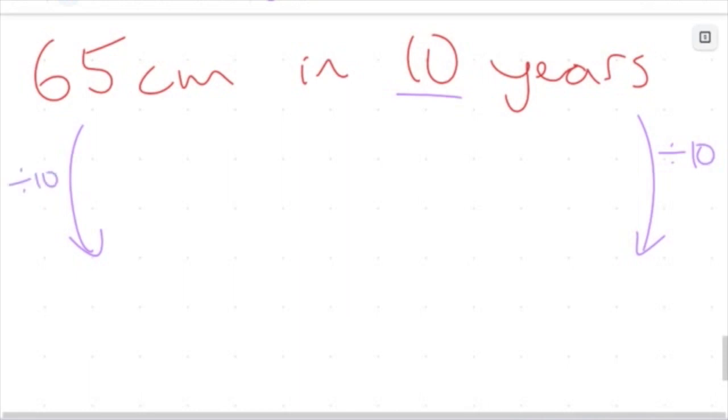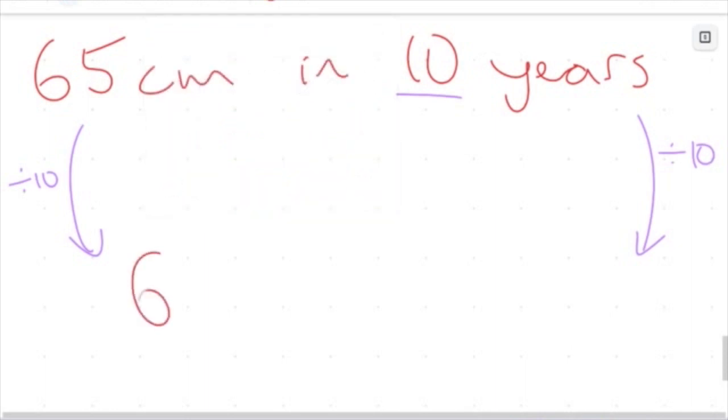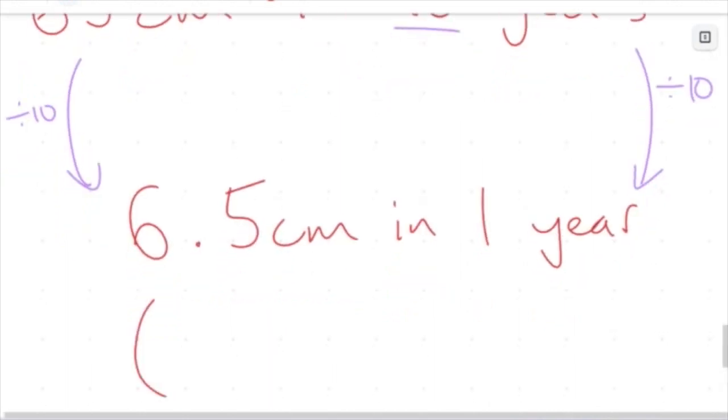And I'm dividing my 65 centimeters by 10. And I get now that he has grown 6.5 centimeters in 1 year. Or, now that I have this in the simplified form, he has grown on average 6.5 centimeters per year.